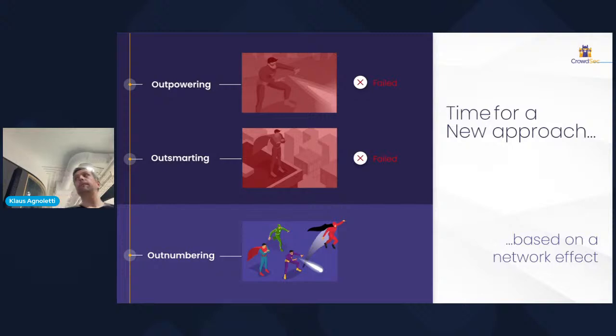They're still getting ransomware. So instead, we want to try a new approach, like outnumbering the bad guys. Because if you think of it, it kind of makes sense, because we are more law-abiding citizens than we are bad guys out there. So why don't we stand together, work together to fight against cyber criminals? That's the whole point.